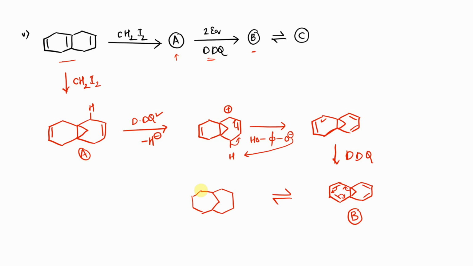If you observe carefully, I'll number the carbon atoms 1, 2, 3, 4, 5, 6, 7, 8, 9, 10, 11. So in total we have 11 carbon atoms.